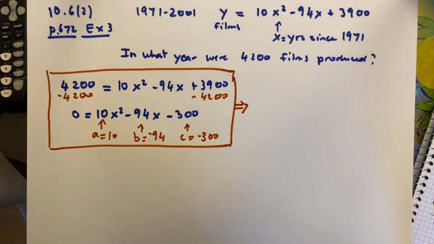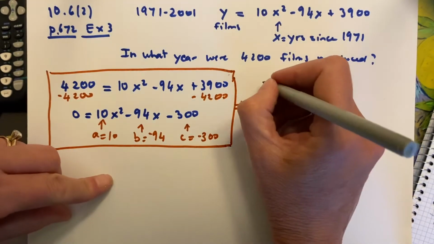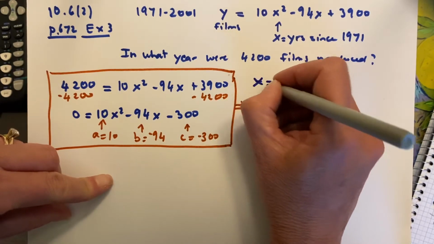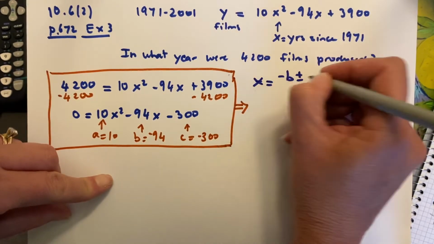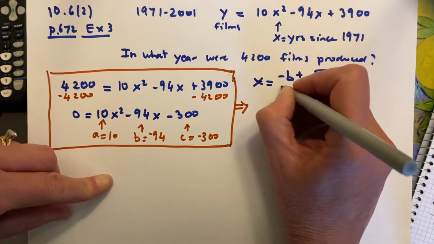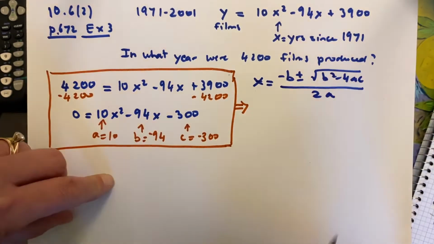And my quadratic equation is going to start again with the formula. x equals negative b plus or minus the square root of b squared minus 4ac, over 2a.